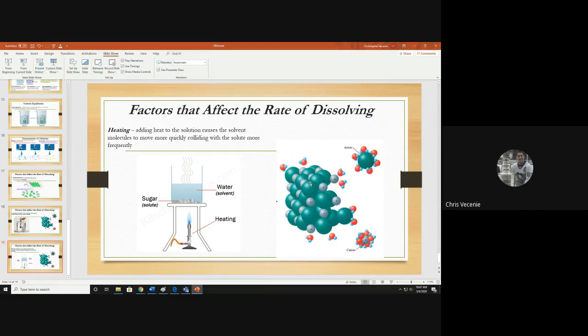Then crush up a cube, put it in a glass of water, time how long it takes to disappear. Take a sugar cube, put it in a hot glass of water, heat up the water, not the sugar cube. Time how long it takes to disappear. Take one, put it in water, stir it, see how long it takes to disappear. And then take one and do all 3.